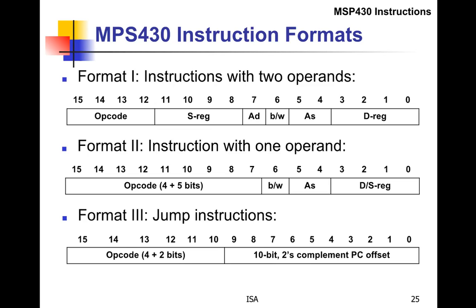You can't jump the whole 64,000 registers or memory locations in the memory map. You can only go 10 bits worth. So that would be like 2 to the 10th is the furthest you could go away, or actually 2 to the 10th minus 1.